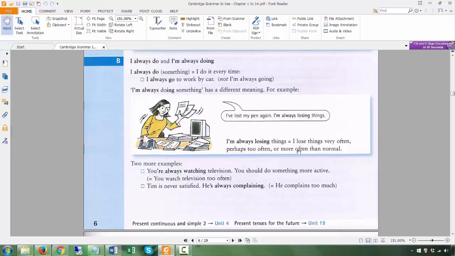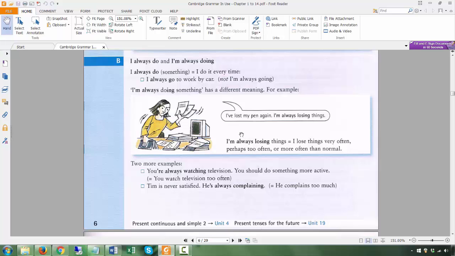All right, if for example you want to wake up at 7 o'clock, but you always wake up at 8 o'clock, and you are very frustrated: "I'm always waking up at 8 o'clock. I don't understand why I'm always waking up at 8 o'clock." So it is a sense of frustration, more of a negative kind of meaning.